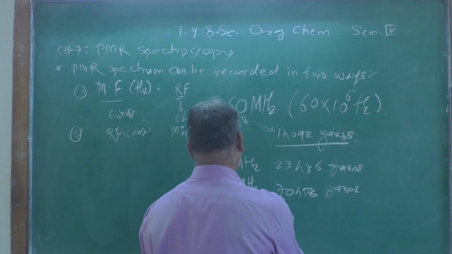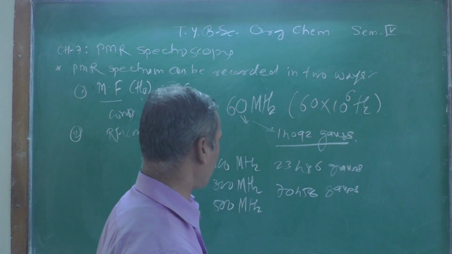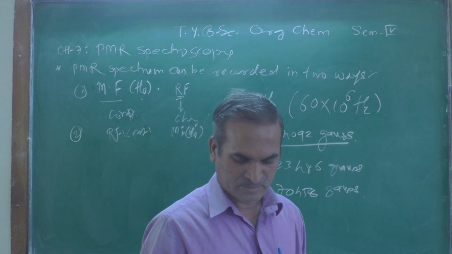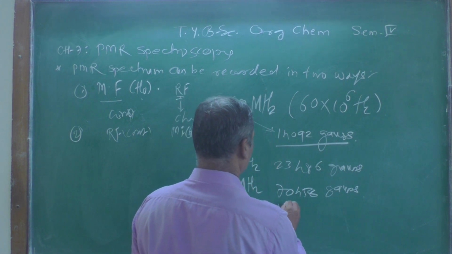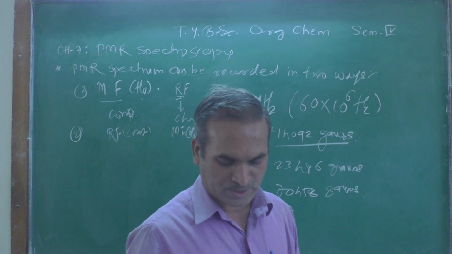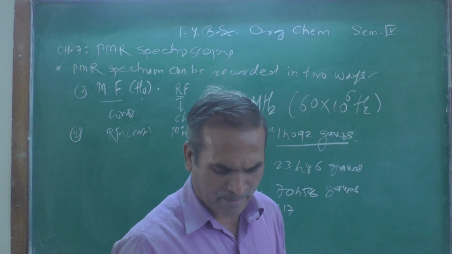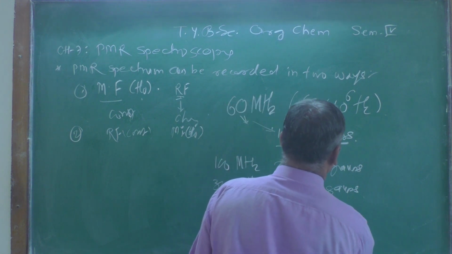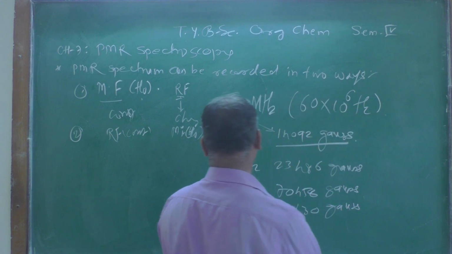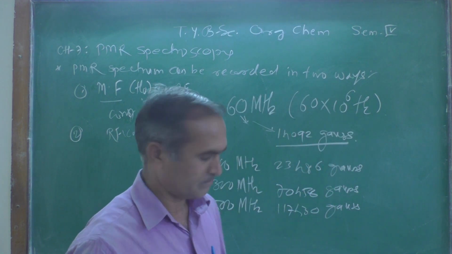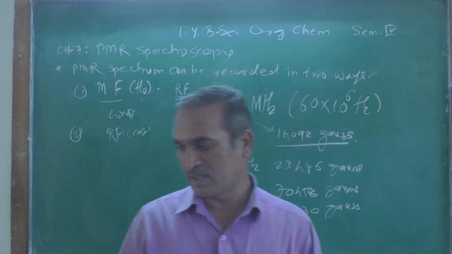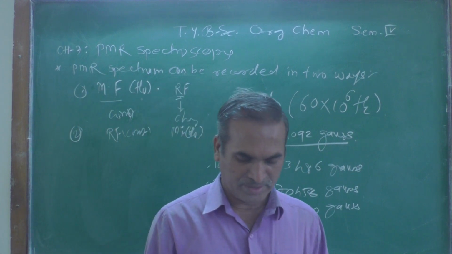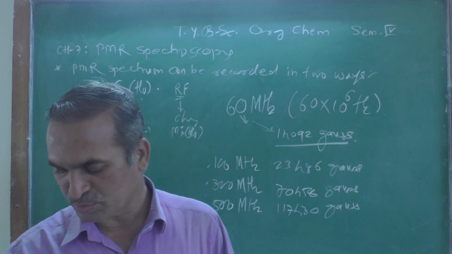Once again, if the radio frequency is 500 megahertz, the corresponding magnetic field will be 1,17,413 Gauss. These are the different radio frequencies and their corresponding magnetic field values, approximately, shown over there.